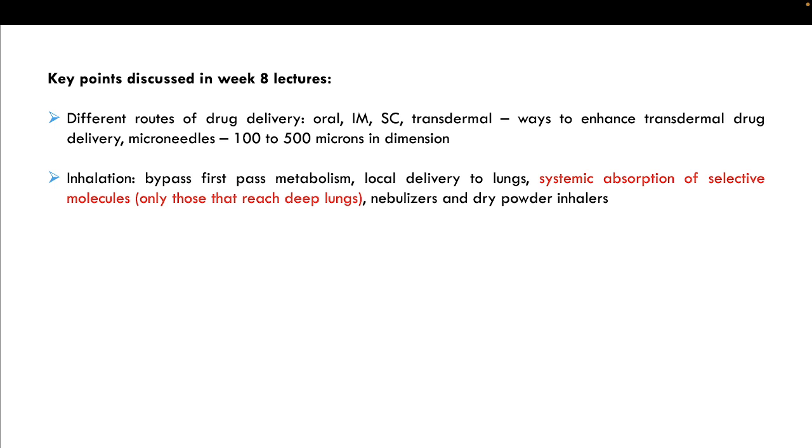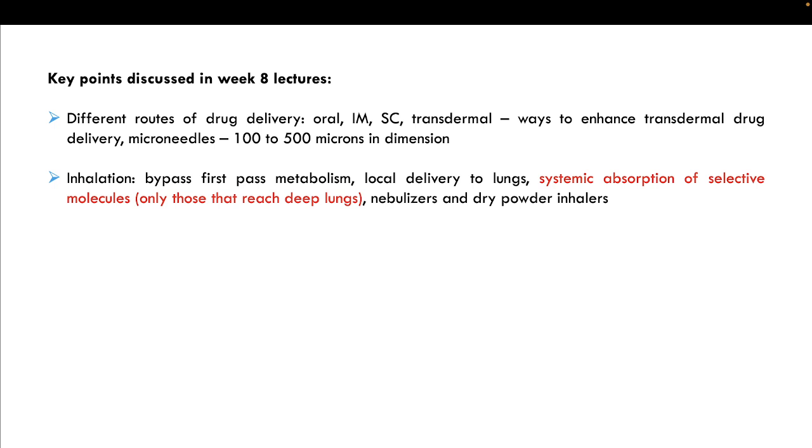For example, let's say there's an asthma patient. You don't want the drug to be circulated in the entire body, right? You want the drug to go specifically to the lungs. So in that way, the inhalation route becomes very important. It also bypasses first pass metabolism, increasing the bioavailability of the drug.